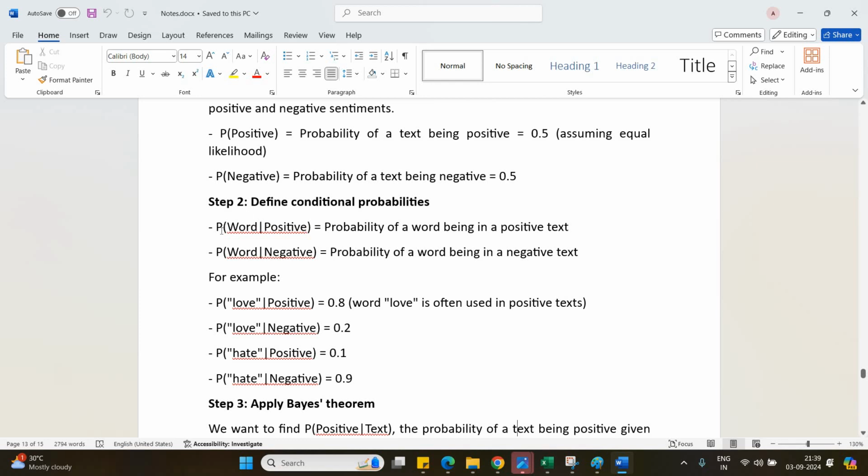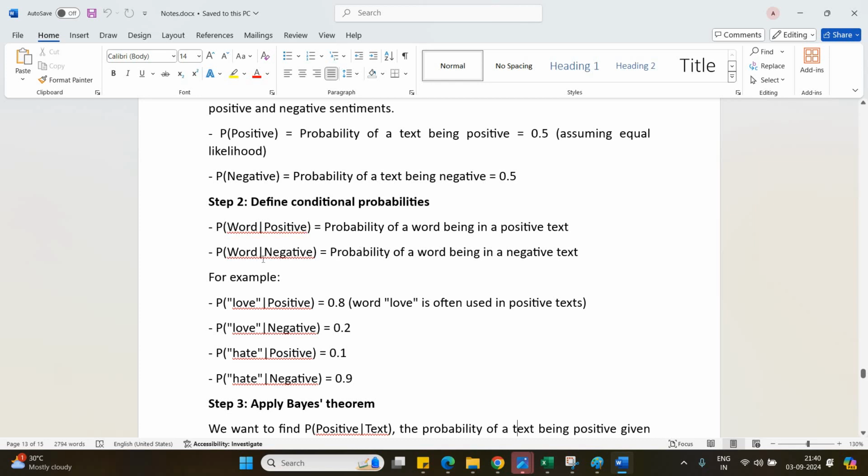First, we have to find out the probability of a word being present when it is used in the positive sense. That probability we have to find out from the training data. We have to collect the training data in that way.